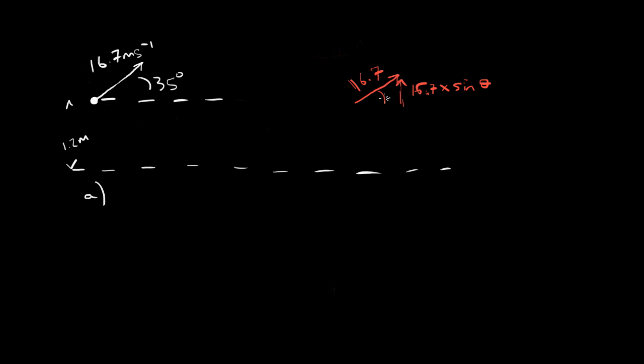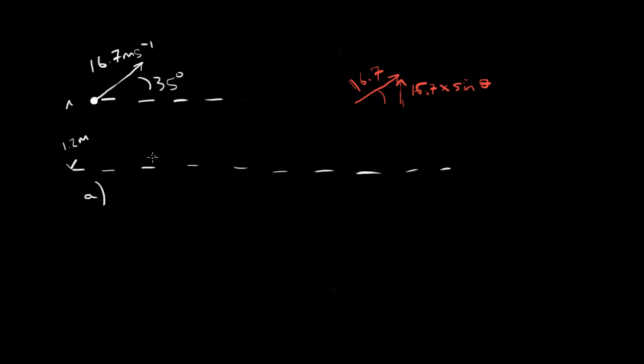So let's first calculate how long it takes this cricket ball to get to the very top, and then we can do the same on its way down, taking into account that there's this 1.2 meters of difference in height.